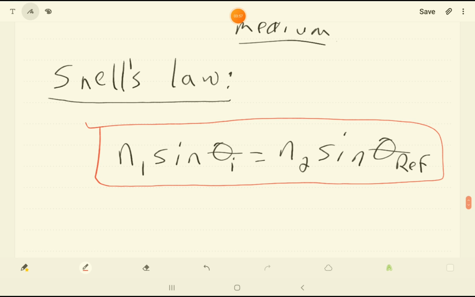This relation is referred to as Snell's law, whereby the refractive index of the first medium multiplied by the sine of the angle of incidence through the first medium is equal to the refractive index of the second medium multiplied by the sine of the angle of refraction of the second medium.